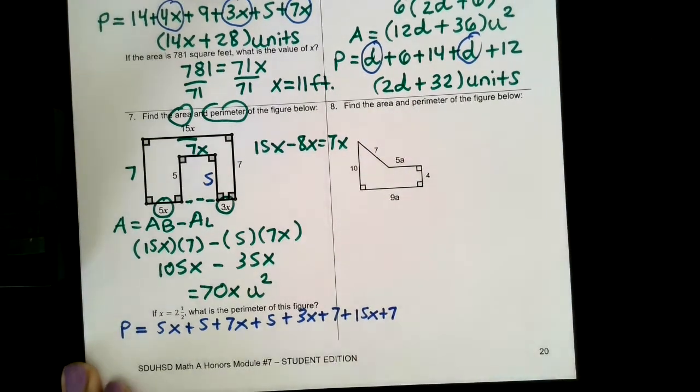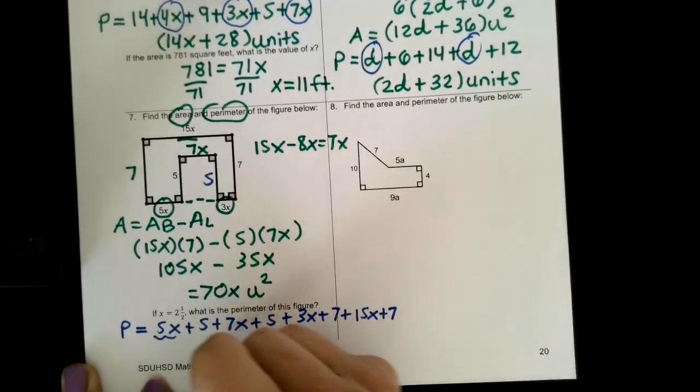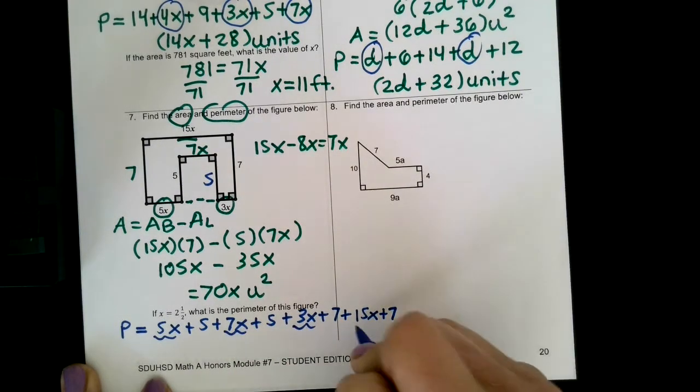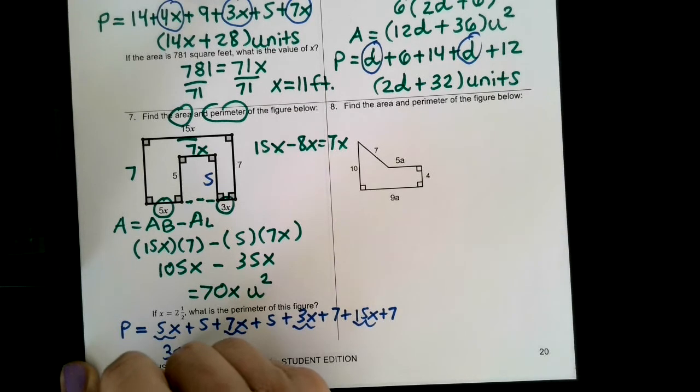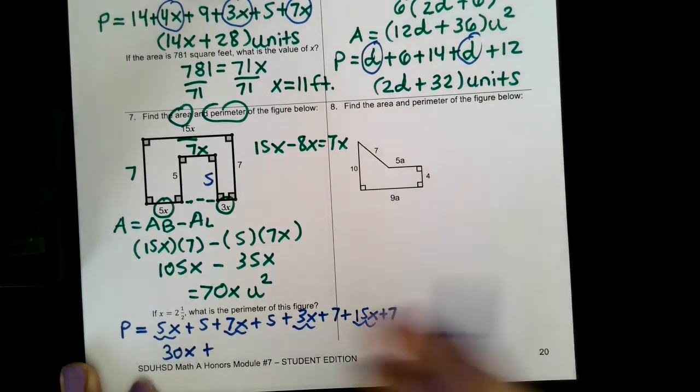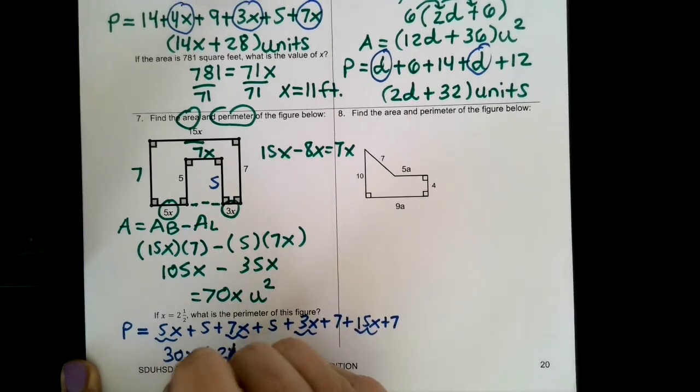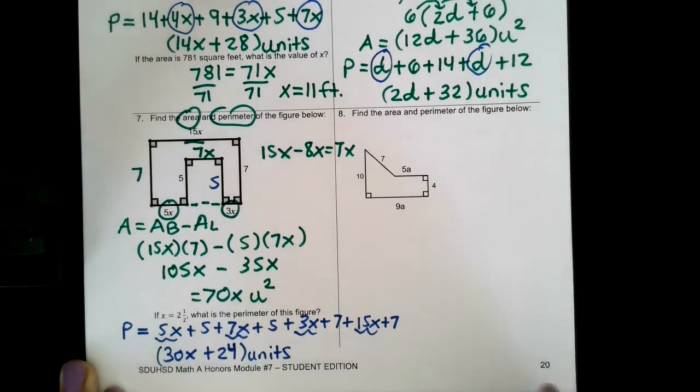Okay, now I'm going to combine all my like terms. So I've got a 5x, a 7x, a 3x, and a 15x. If I were to combine all that, I would get 30x, and then all my numbers combined would give me 24. Again, this is in units.